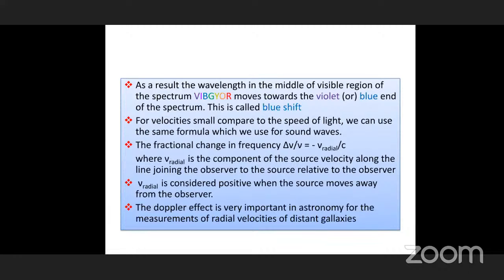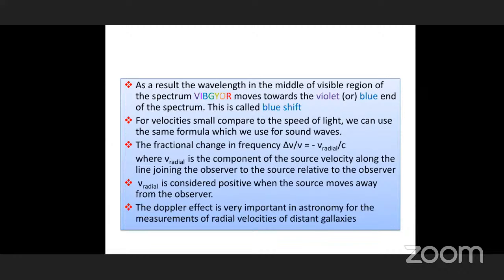Whenever we are talking about a vector, we should fix points. One is the observer point, another is the star. The star may move in a different direction, whether along the line, or perpendicular to the line, or at some angle to this line. Whatever it may be, you take V radial along this line.